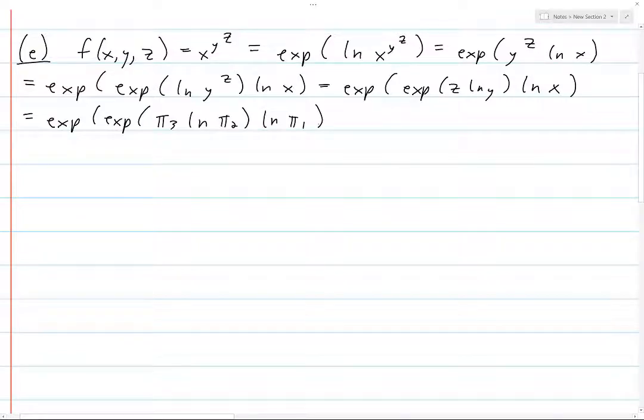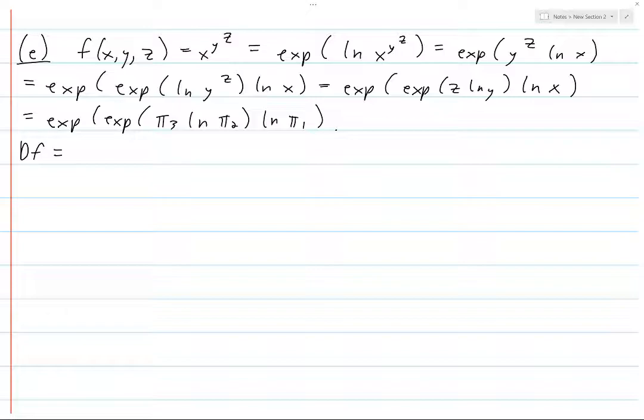Okay, so this is a form that we want, and now we can take the derivative of f evaluated at a, b, c. The first thing that we're going to end up with is, when you take the derivative of the outside function, whenever you're doing an exponential, that just ends up being whatever you started with.